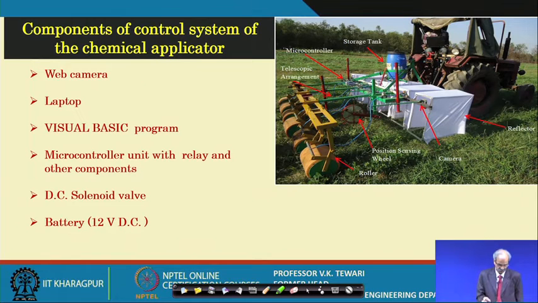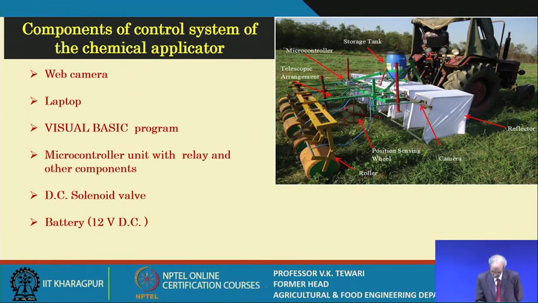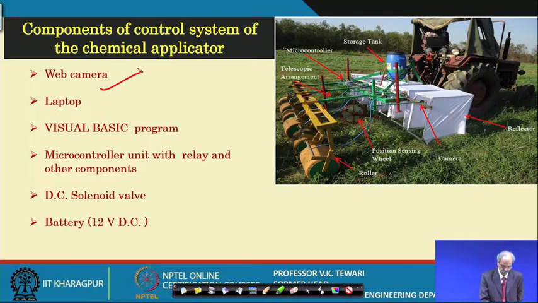Now, you can see here we are talking of a web camera, a laptop, and a program which has to be written so that the system is able to identify the location where the chemical has to be applied.